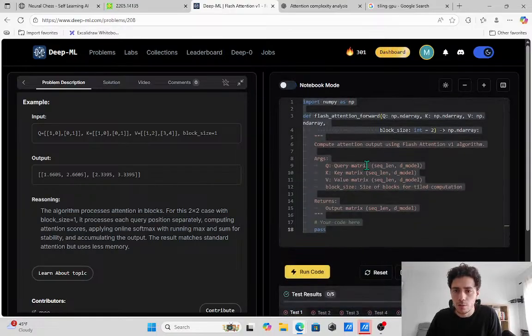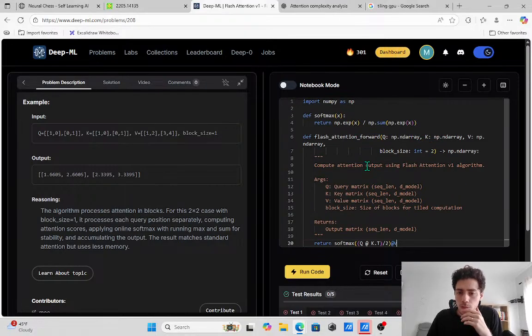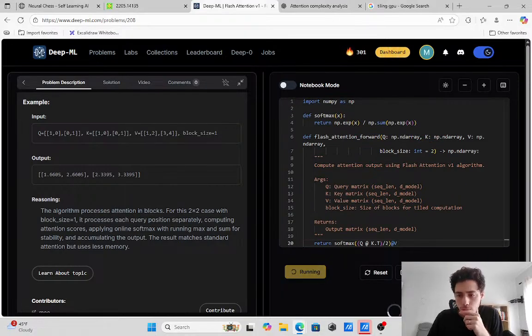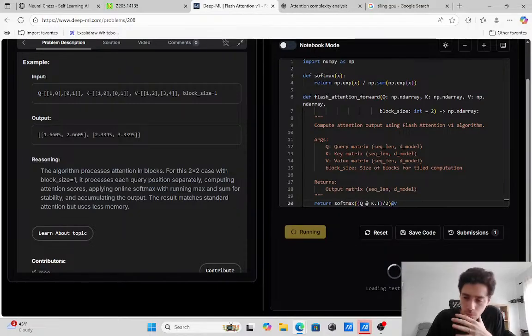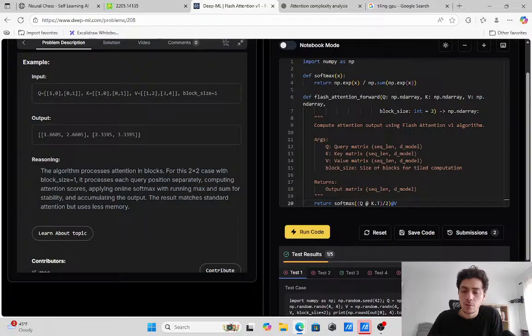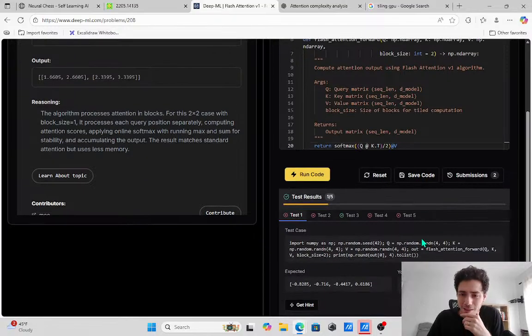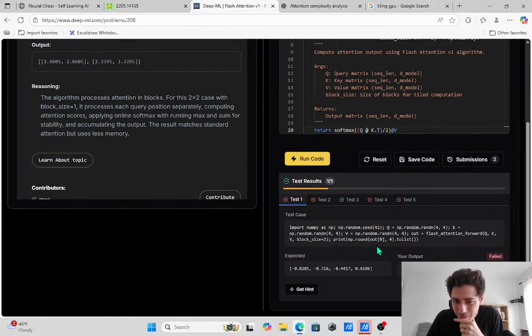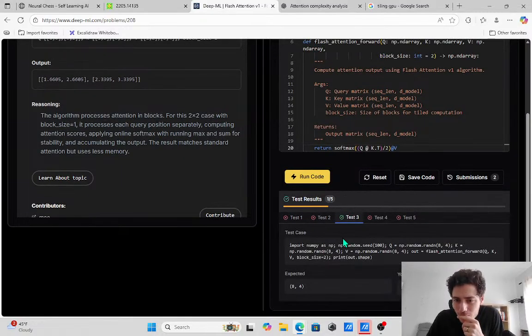Let me copy this. Let's think about it a little. Why is this taking so long? How many test cases did I make for this? This really shouldn't be taking this long. Oh, hey, I got test case 3 correct, which just checks the output shape.